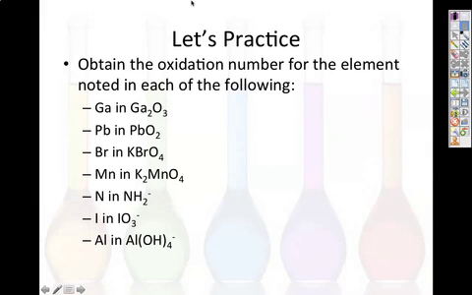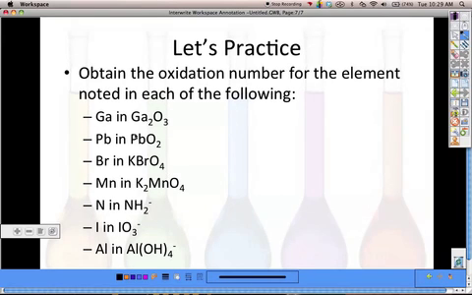Okay, another one that's charged, and we've got some polyatomics in this one as well. Got a lot going on in this one. Okay, we're looking for aluminum. Overall, I'm looking for a 1 negative, and I have a bunch of oxygens to start with, but I do have a polyatomic, which makes life a little bit easier on us.